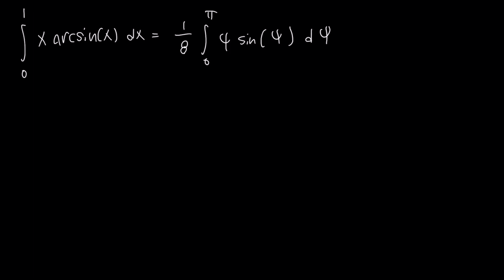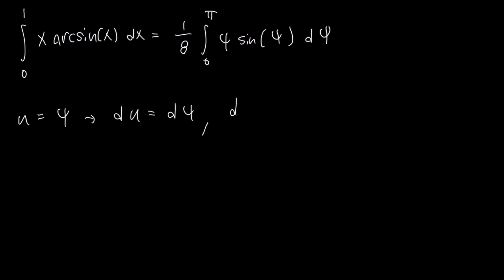So we just got done showing that the integral from 0 to 1 of x times the arcsine of x dx is equal to 1/8 the integral from 0 to pi of psi sine psi d psi. And to solve this integral, we'll use integration by parts. So we can let u equal psi, so that du equals d psi.